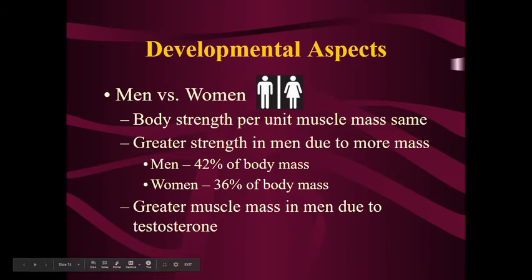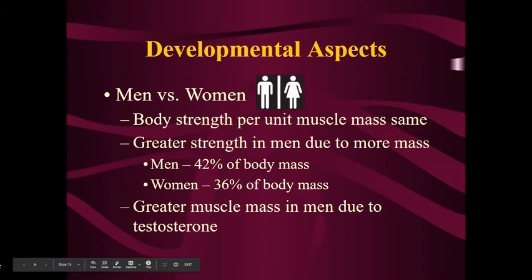Men versus women: the body strength per unit of muscle is the same. So female muscle and male muscle have the ability to do the same things. But men on average tend to have greater strength than females. And that's just due to the fact that, in general, men have more muscle mass compared to women.